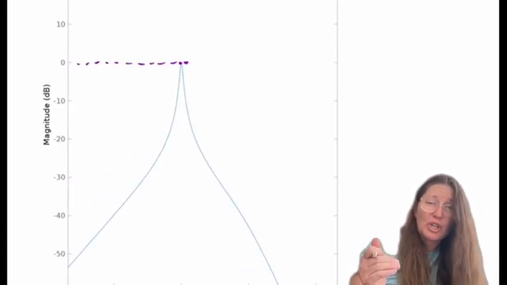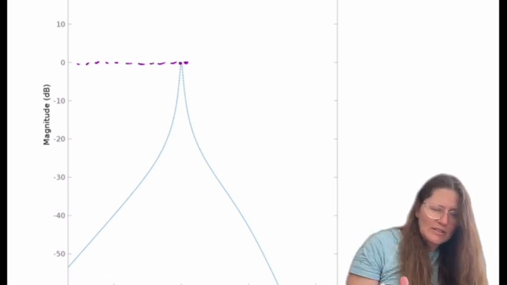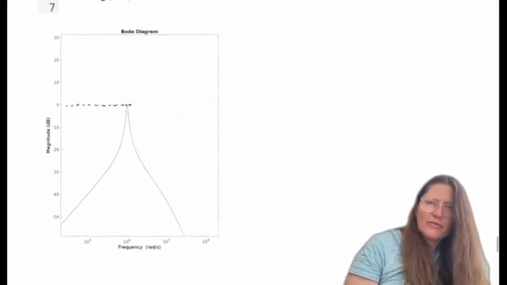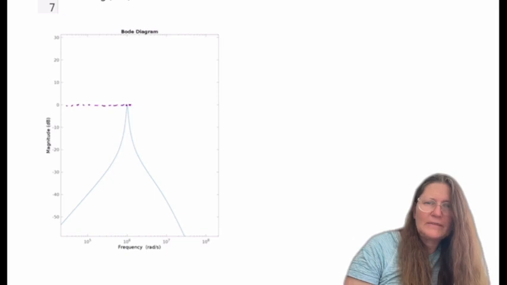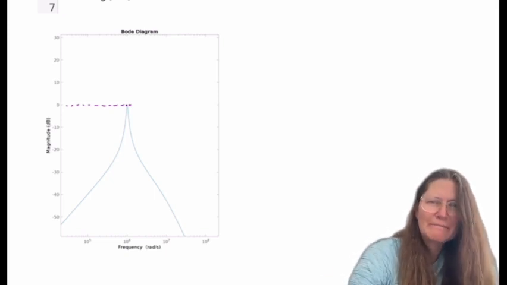So everything is below the 0 dB. So this would be a what filter? You guys can type it or say it.